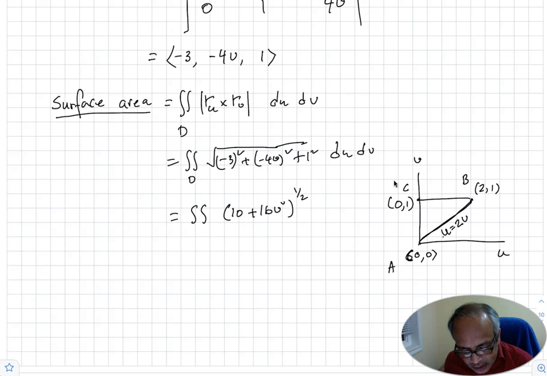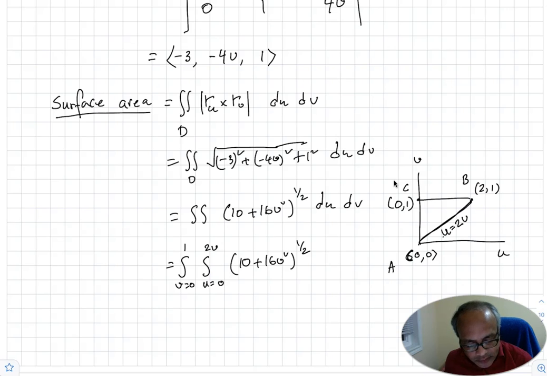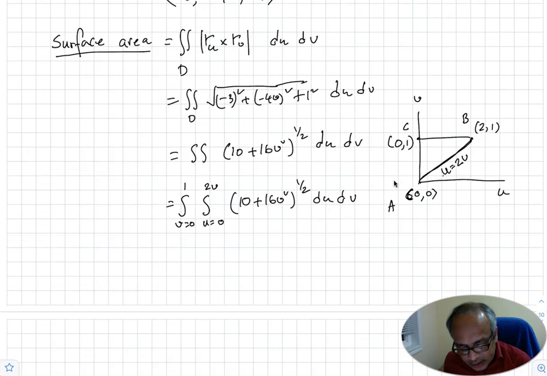So I'll put the constant limit outside, v from 0 to 1 and u from 0 to 2v. Then I will integrate 10 plus 16v squared to the power half, du dv. Okay, let's do the integration one at a time. v from 0 to 1, and the inner integral: 10 plus 16v squared to the power half is a constant with respect to u.